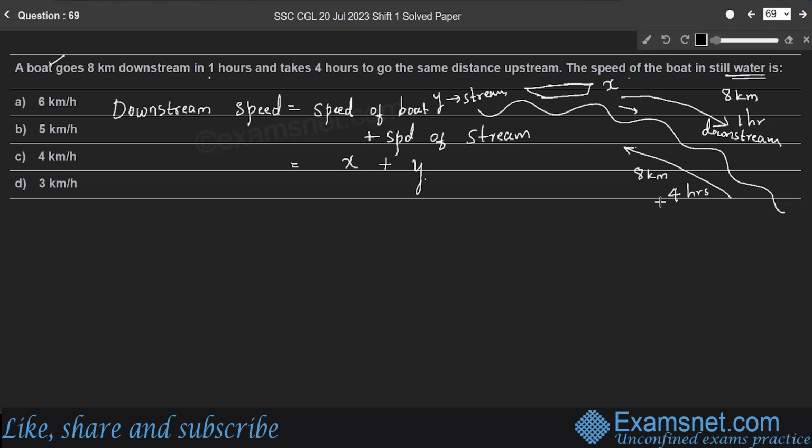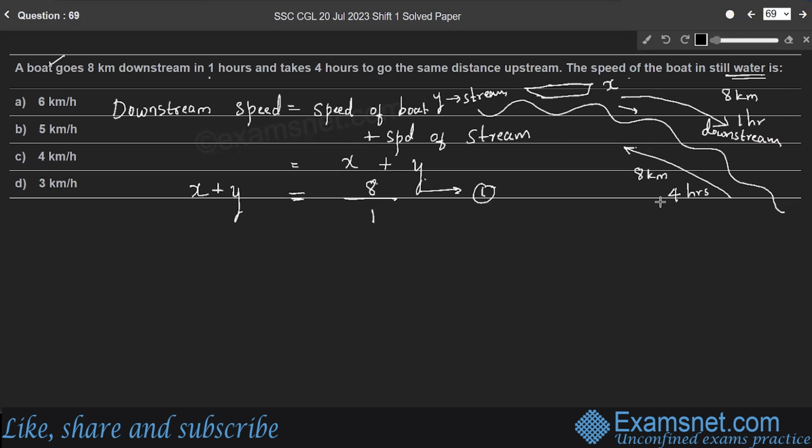If speed of the boat is x, speed of the stream is y. So downstream speed becomes x plus y, right? So what is speed? It is distance by time, right? In downstream motion, the boat covers 8 kilometers in 1 hour. Therefore, we can say downstream speed x plus y is equal to 8 kilometers per hour, right?